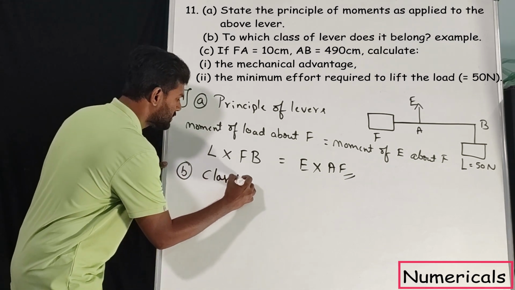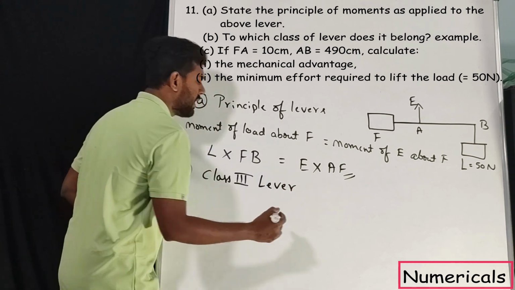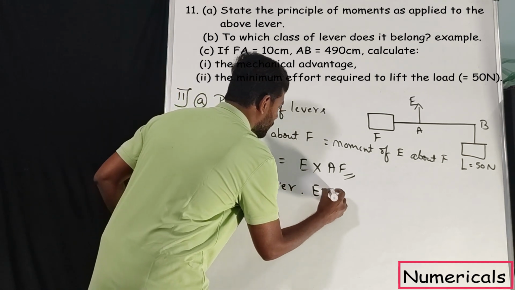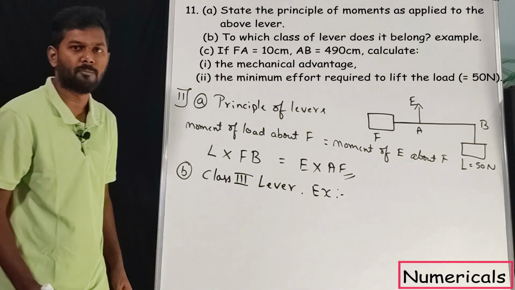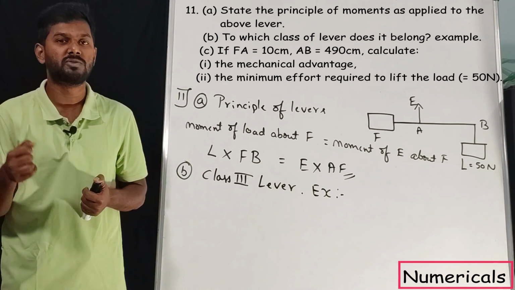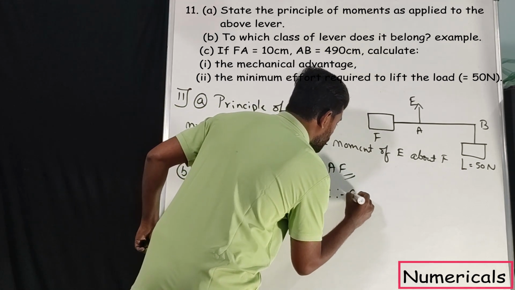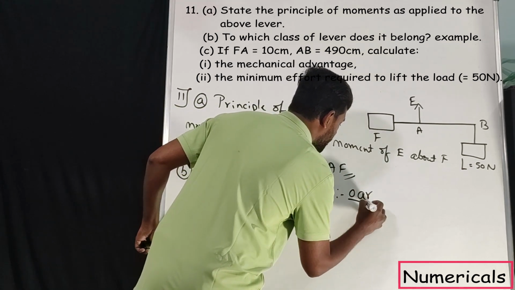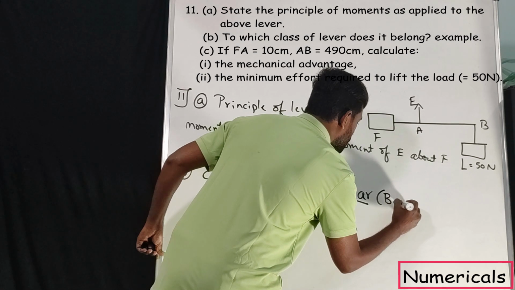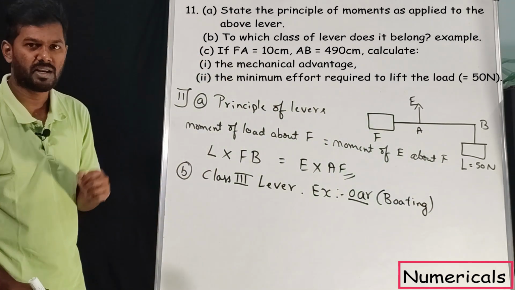And they are asking for an example also, right? See, example, the oar, OAR, which is used for boating. It is an example for class 3 lever.